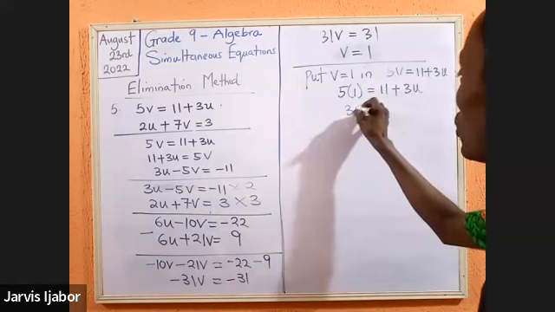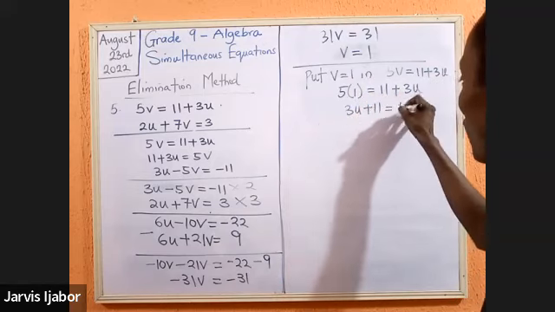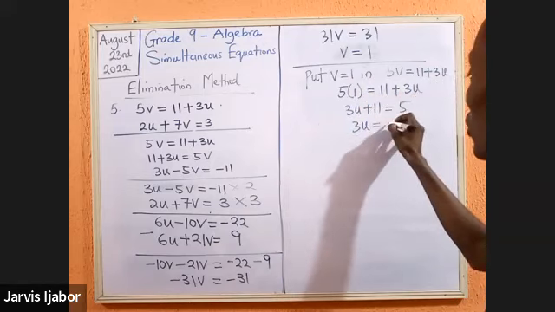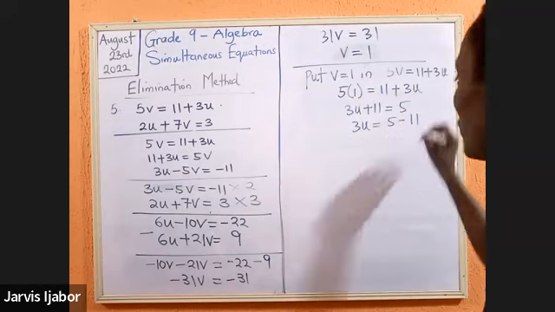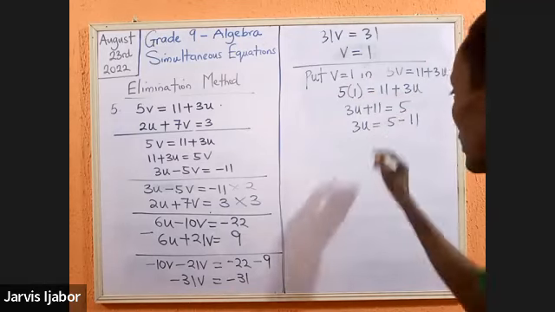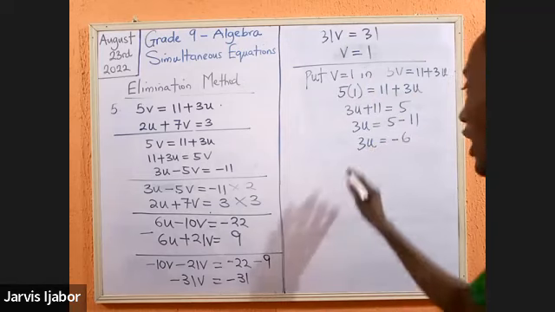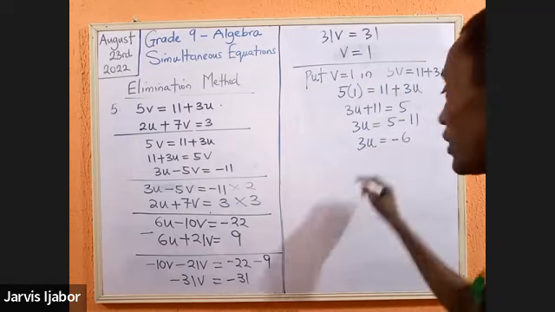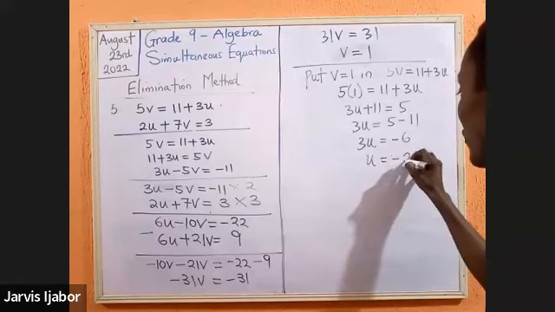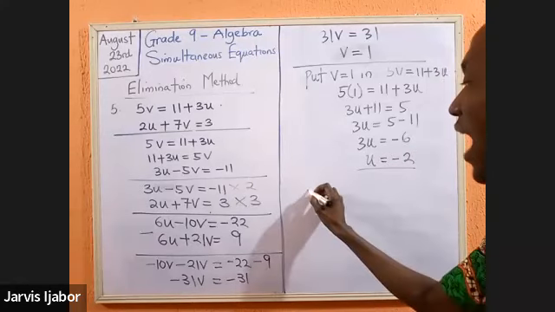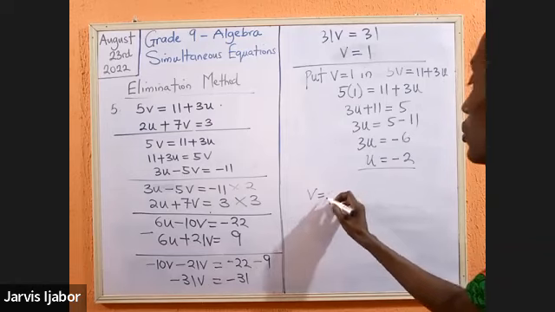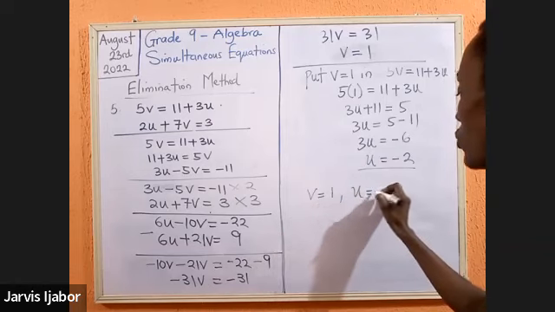So it means 3u plus 11 will be equal to 5, and 3u will be equal to what? 5 minus 11. So what does that mean? It means that 3u will be equal to negative 6. And if I divide both sides by 3, it will mean that u will be equal to negative 2. So what do I have? I have v equal to 1, and I have u equal to negative 2.